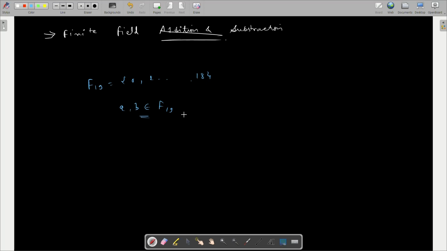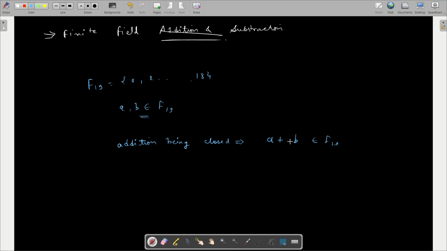When I talk about addition being closed, what would that actually mean? It would mean I'm going to do a plus b, where these belong to F19.